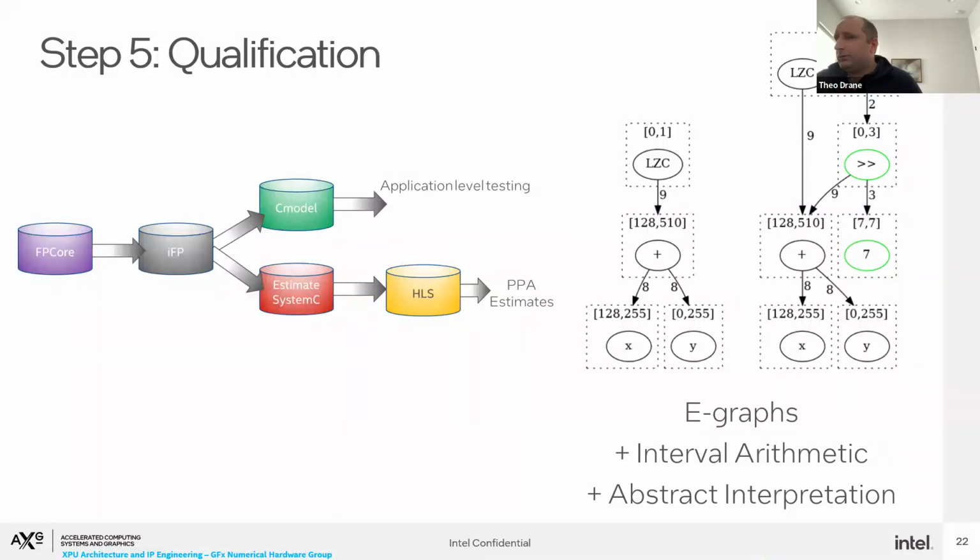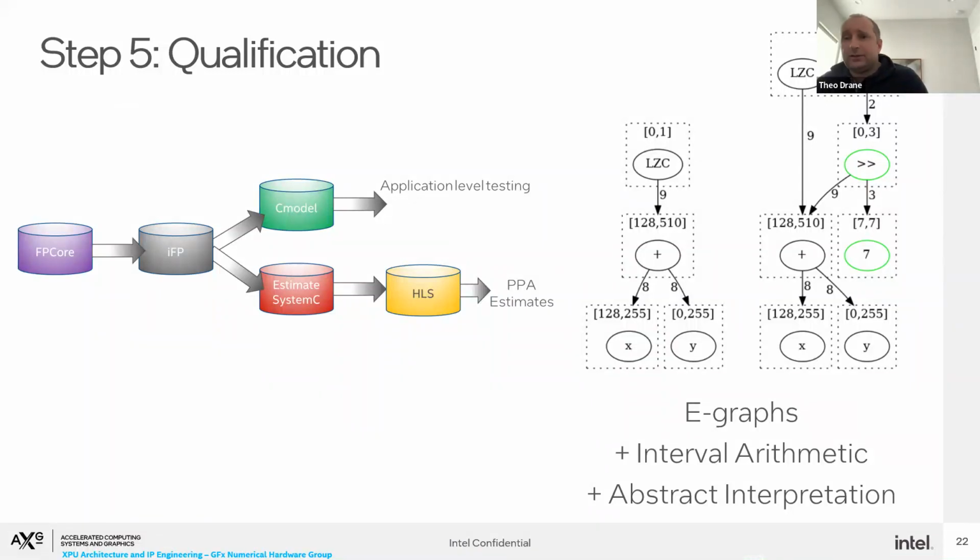Obviously, to solve that floating point adder conundrum, you have to know something about value ranges. And so the collaboration really hinges around taking e-graphs, applying interval arithmetic, and using techniques from abstract interpretation to achieve these kind of fundamental transformations to code.